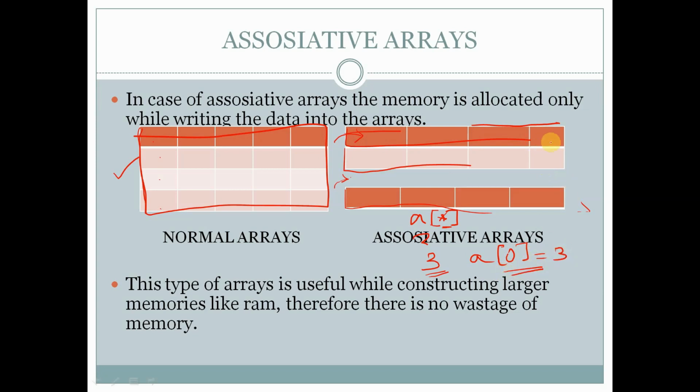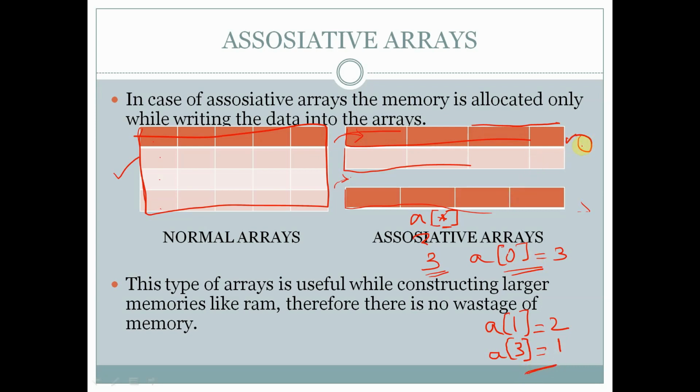Then a memory location will be created, and in this memory location 3 will be stored. And if we want to store 2 in the second memory location, then a of 1 is equal to 2. If we don't want to store in the second memory location, we will not declare it, and if we want to store in the third memory location, we will declare a of 3 is equal to 1.